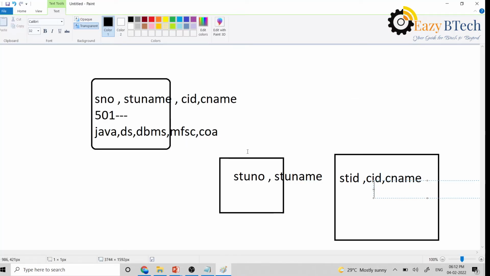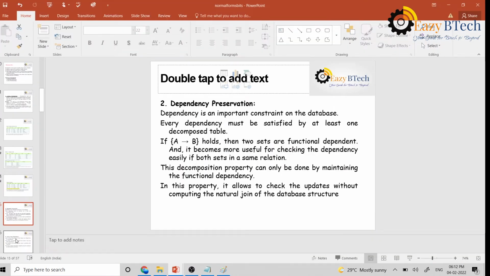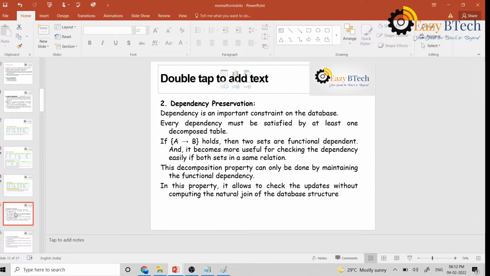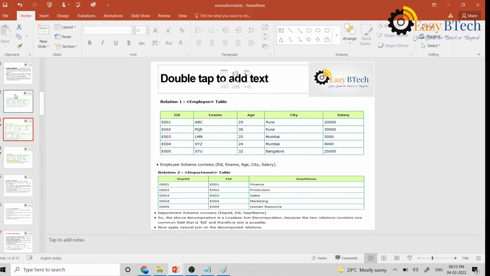When we perform the student and course natural join operation and get the same data, that is called a lossless decomposition. Dependency preservation is compulsory when we divide the data; we have to check dependency.